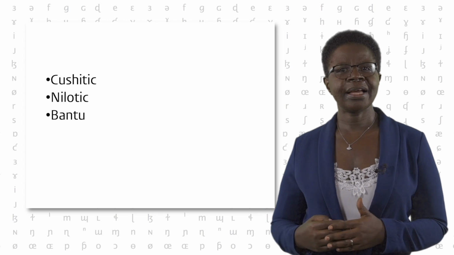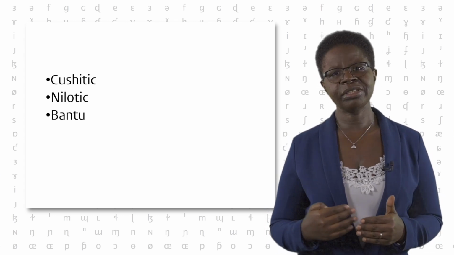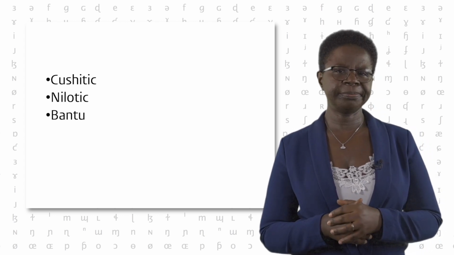Now, is there logic behind these classes? Many linguists have studied this question. It seems that nouns are grouped based on both phonological and semantic properties like animacy, physical properties, and countability. We will see which properties are important for the various language families in Eastern Africa.